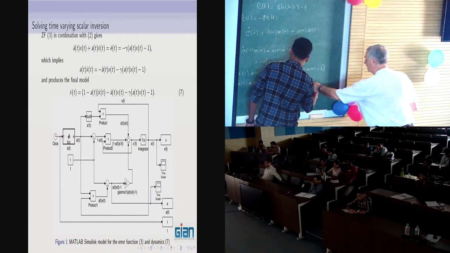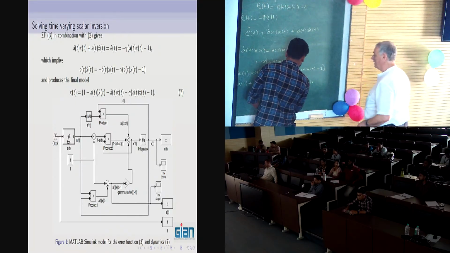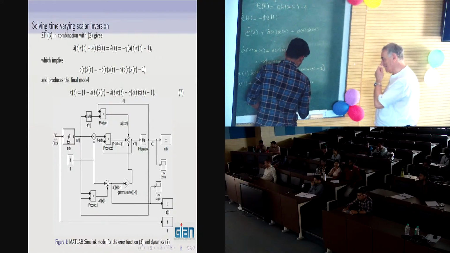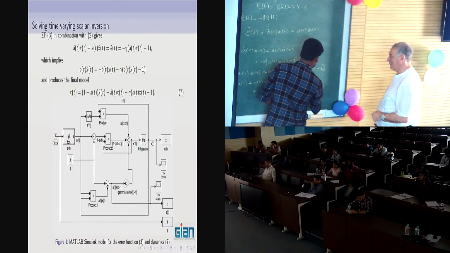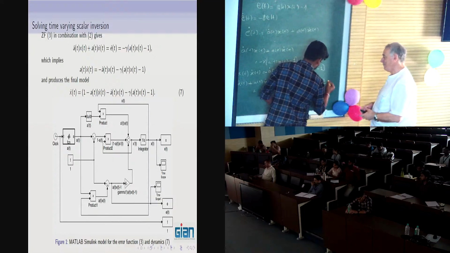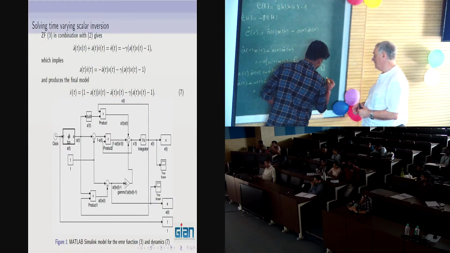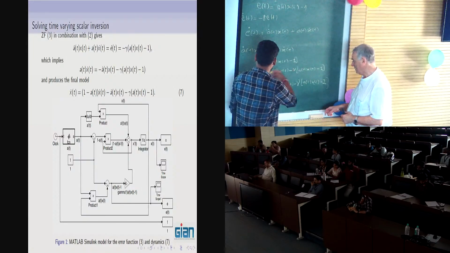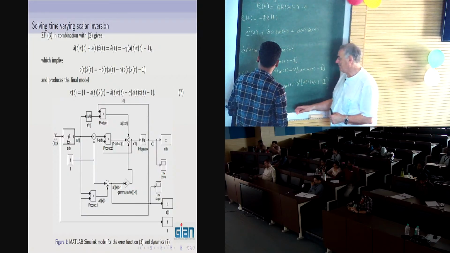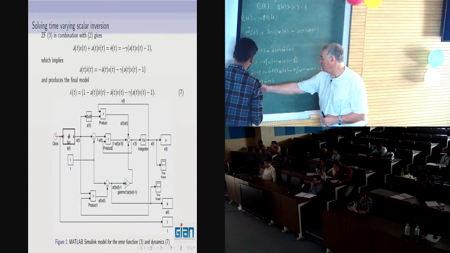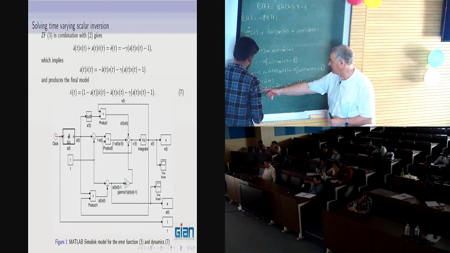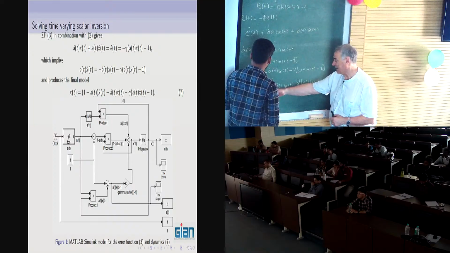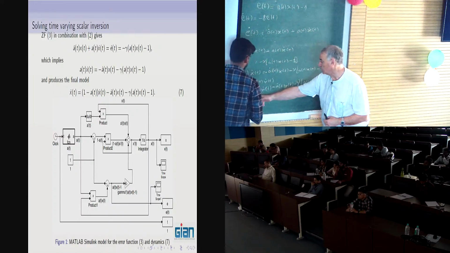Gamma, better gamma. It looks like V, for example. So this will be 1 plus A of t, so we take the inverse. Then we move this to the right hand side and obtain x dot.